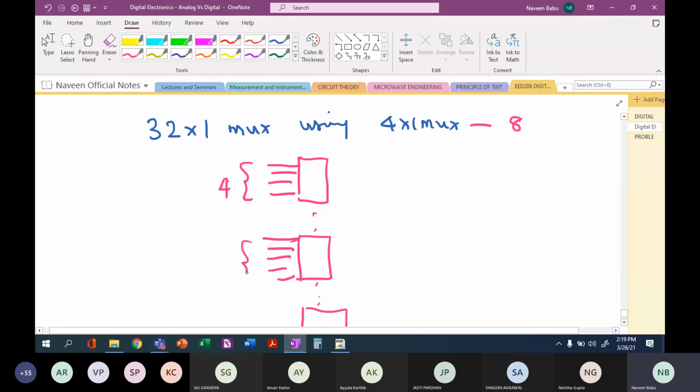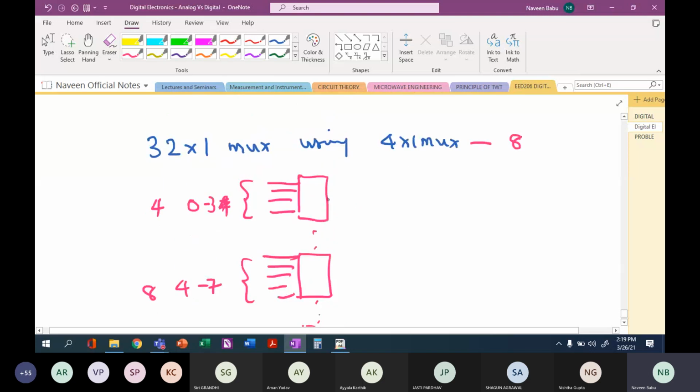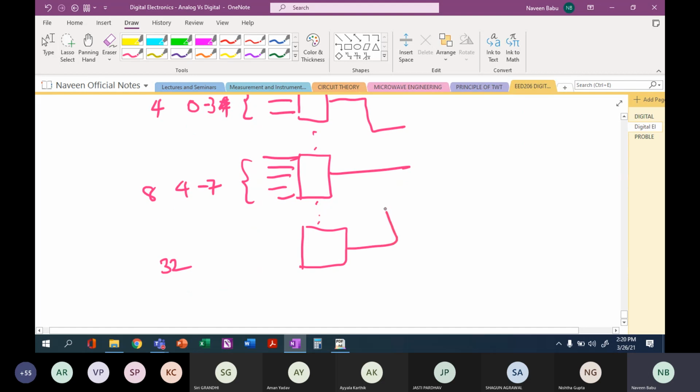This will be additional 4, that is 0 to 3 and 4 to 7, which means 4 inputs each. Likewise till 32 inputs, I will be having 8 multiplexers, right? So I will be having 8 output lines here.